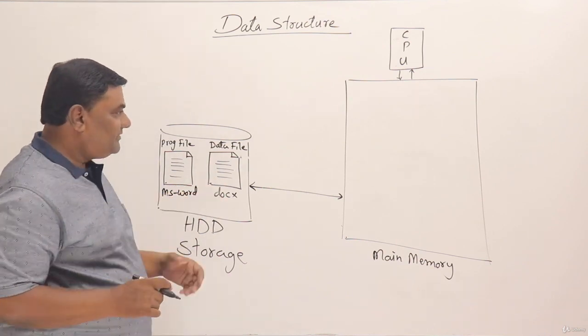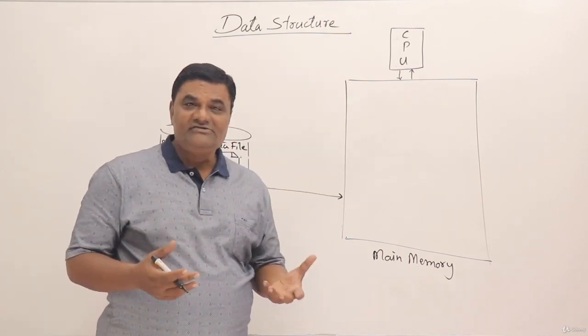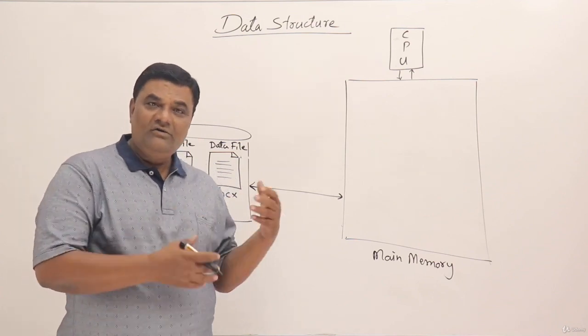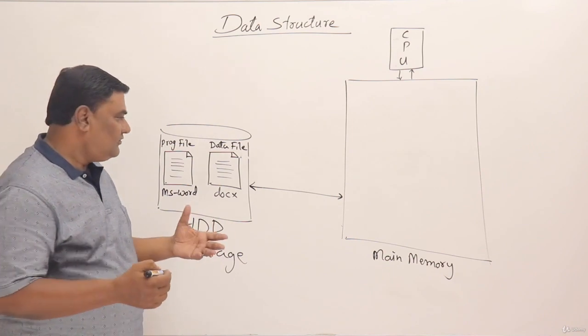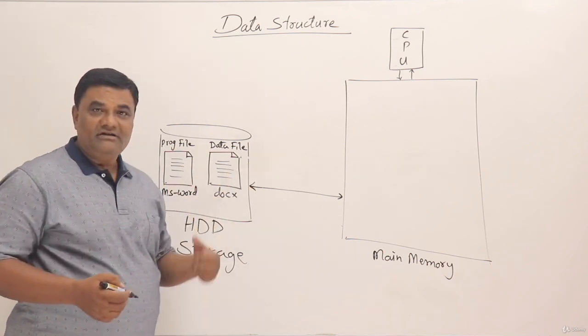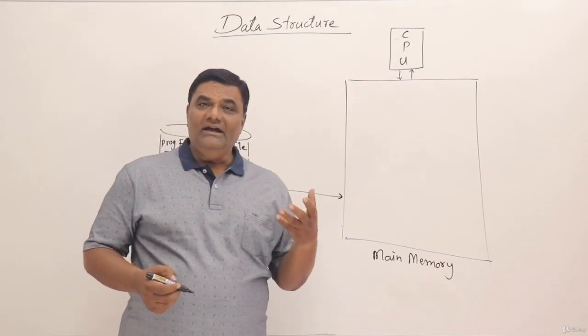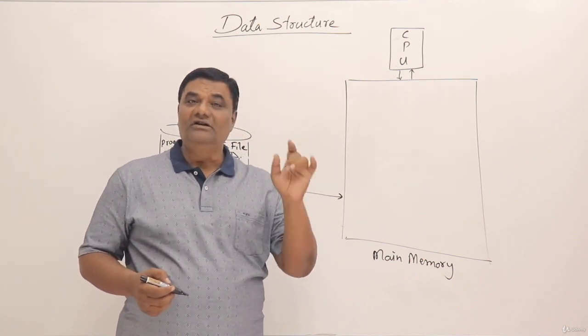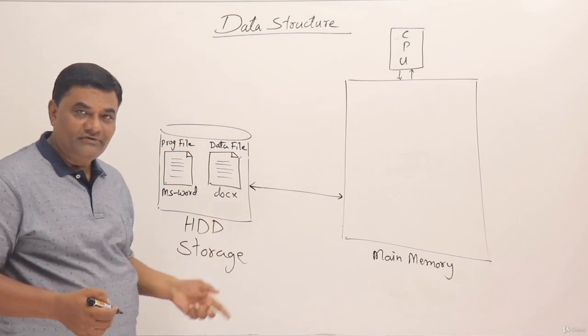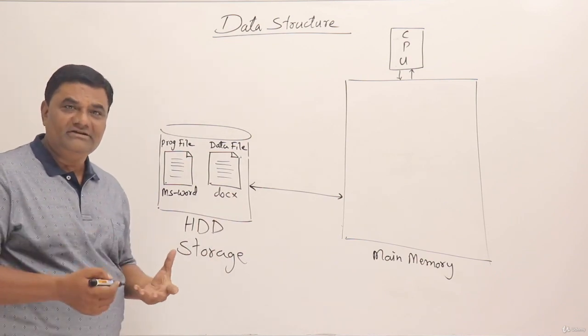Now through this example, I'll explain where the data structure comes into the picture and how MS Word may need data structure. Now let us see how our application program runs. If you want to run MS Word on your PC or your mobile phone, you touch an icon or double click an icon of MS Word, then let us see what all happens.